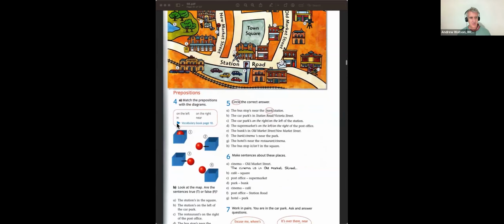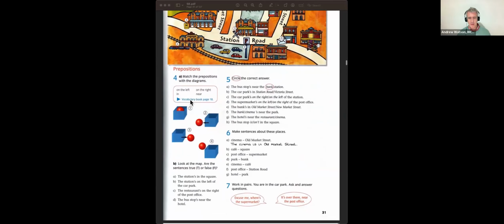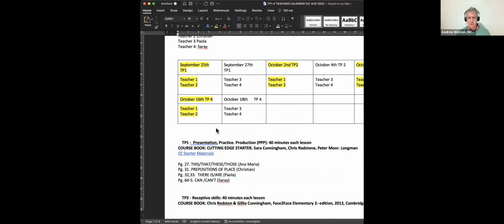It would be useful to have vocabulary book page 18, but we don't have that. I said it might be a good idea to read through the teacher's book for any instructions on how to teach the prepositions. How to teach the form.